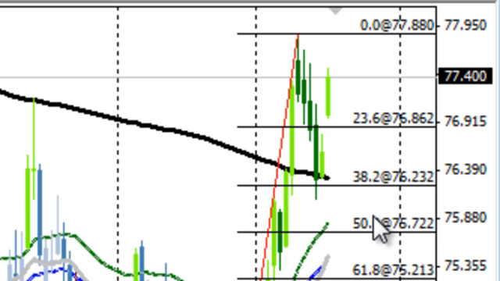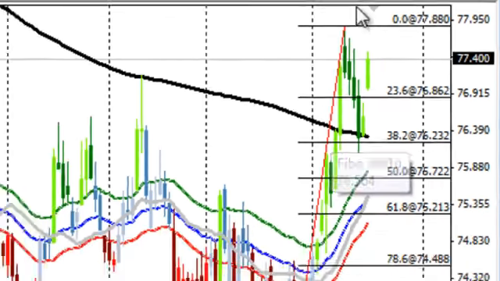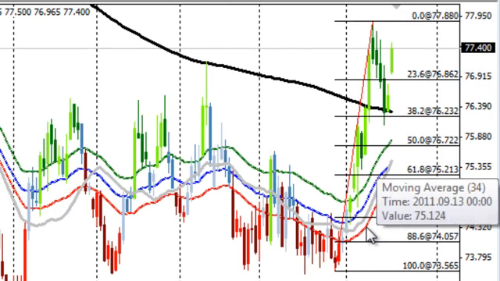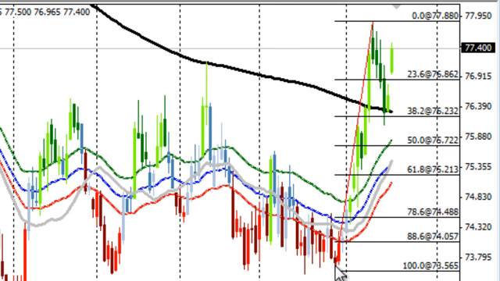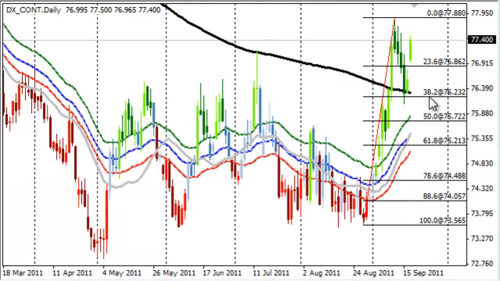We can add the 38.2% Fibonacci retracement from the last major move, which was, as you can see, an uptrend. Okay, I'm taking the high and the low of this last major move and calculating the Fibonacci retracement levels, which in this case act as support as prices are moving lower, 38.2.